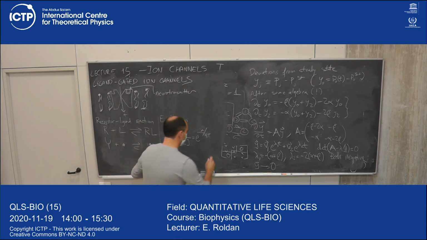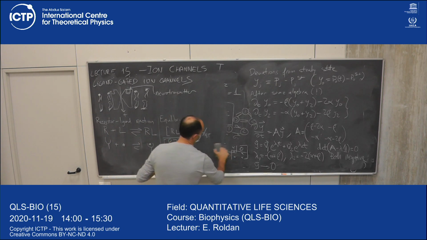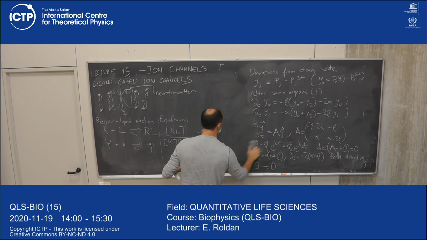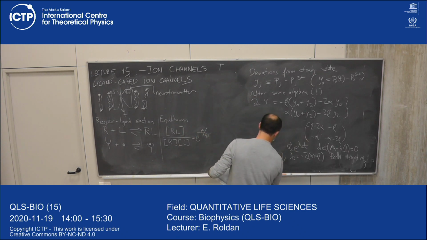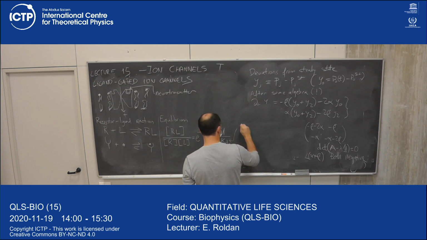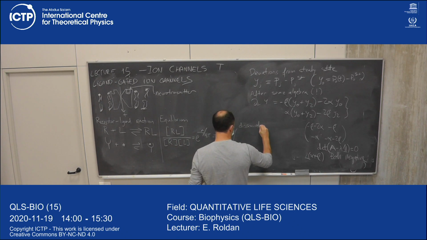And sometimes it's called 1 over kd, where this is called the dissociation constant.